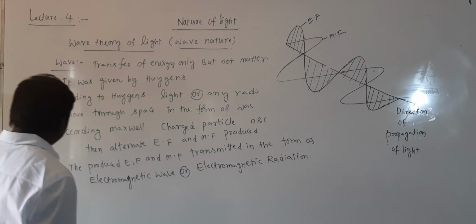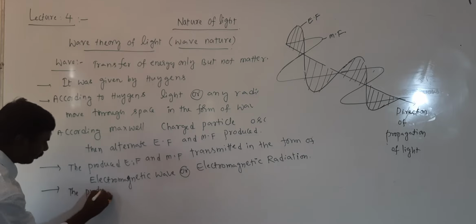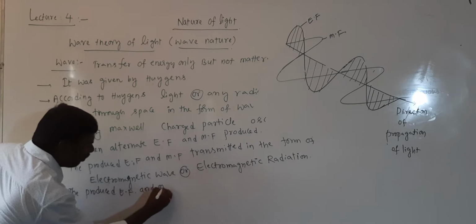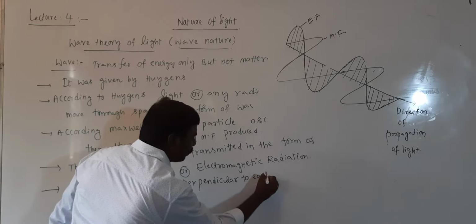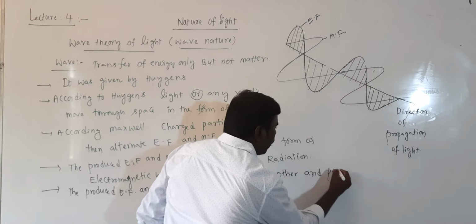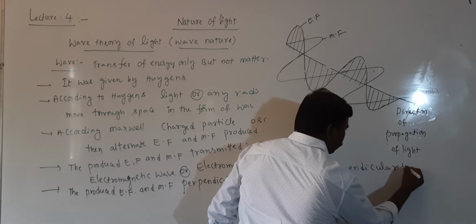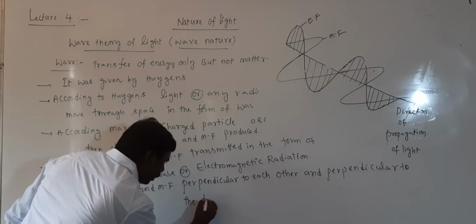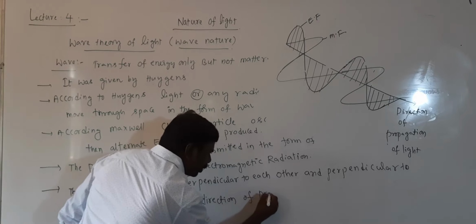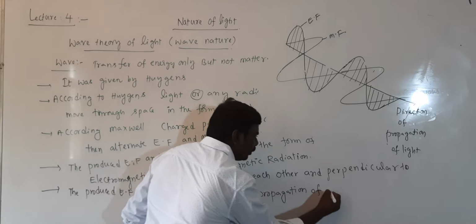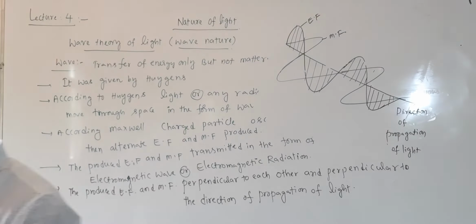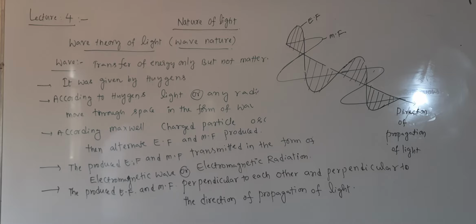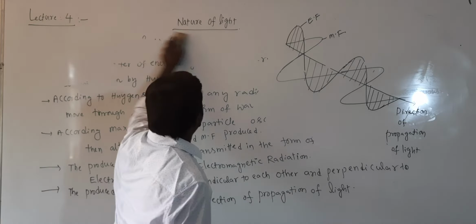So those are the points we find: the produced electric field and magnetic field are perpendicular to each other and perpendicular to the direction of propagation of light.